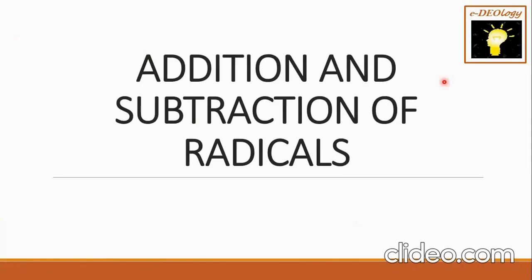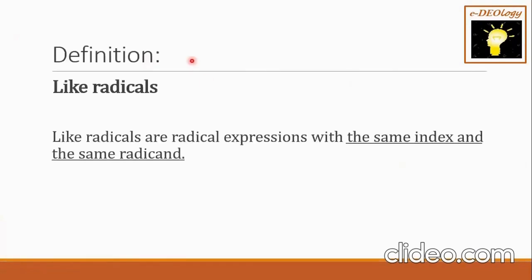Hi everyone, today we're going to study addition and subtraction of radicals. First, let us define like radicals. Like radicals are radical expressions with the same index and the same radicand.